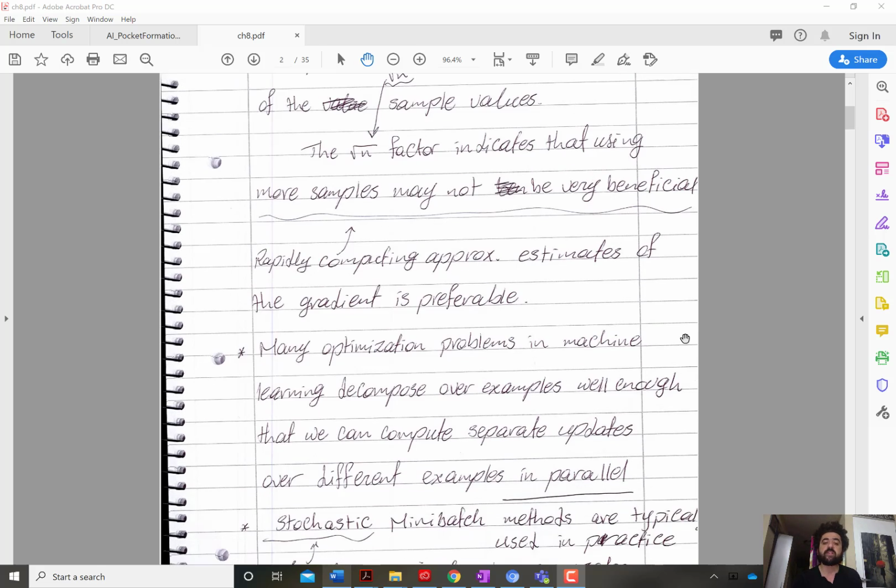And the other advantage is that maybe I can compute the gradient with respect to different examples in parallel. So I could exploit parallel computational resources, which commonly exist anyway in the technology behind graphical processing units. I could exploit that for computing the gradient with respect to different examples in parallel, and sometimes even with many batches in parallel.